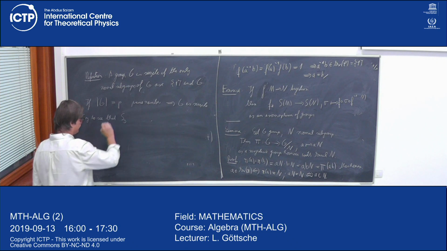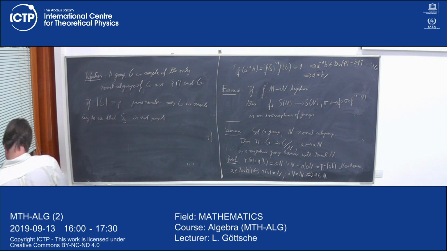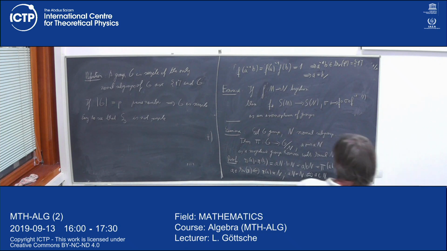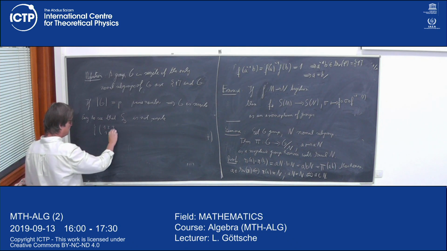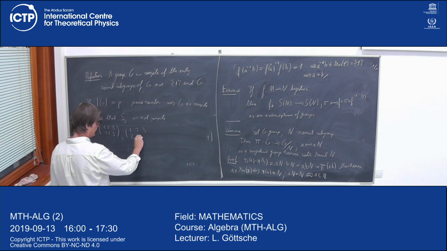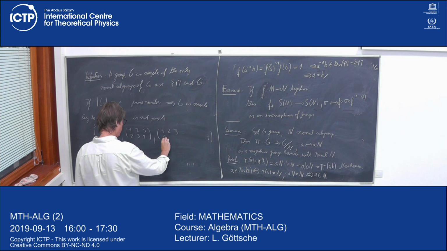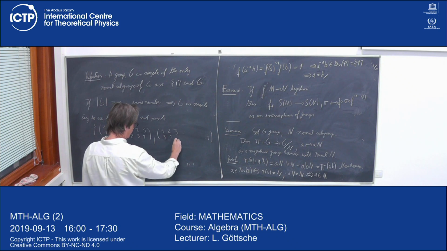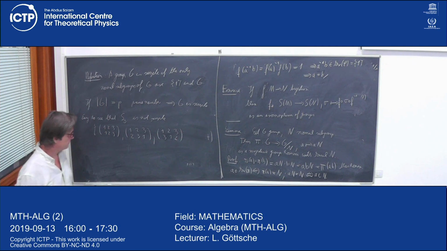And if I take S3, this is not simple. Anyway, it's an exercise, but if you just take the subgroup which contains the identity, and then the element which sends 1 to 2, 2 to 3, 3 to 1, and the other way around, so 1 to 3, 2 to 1, and 3 to 2, you can easily see that these form a group, and this is a normal subgroup.